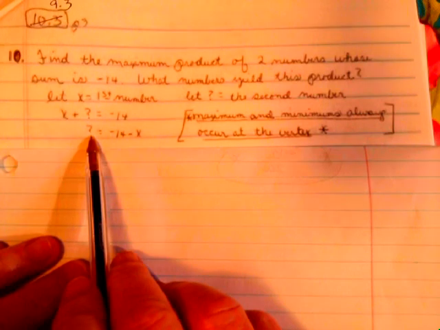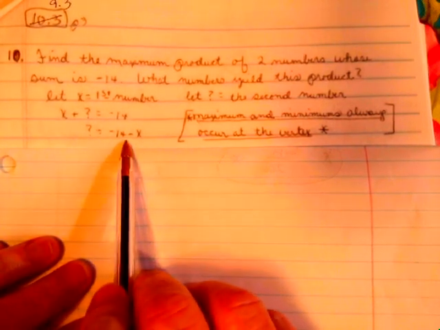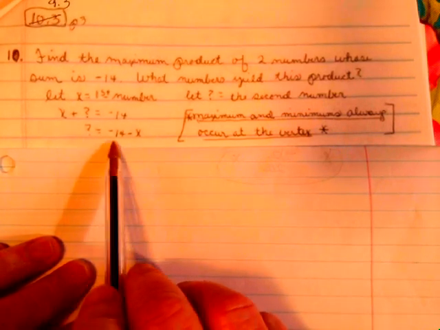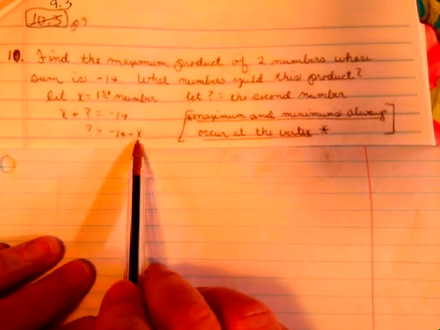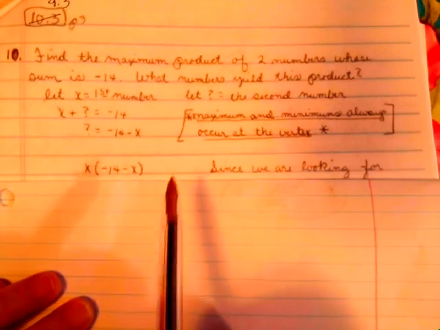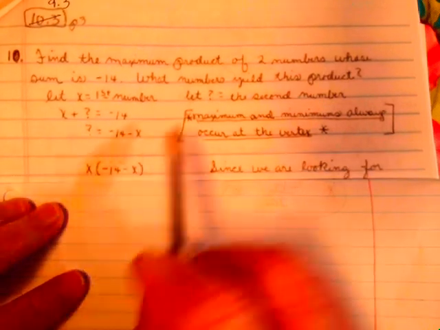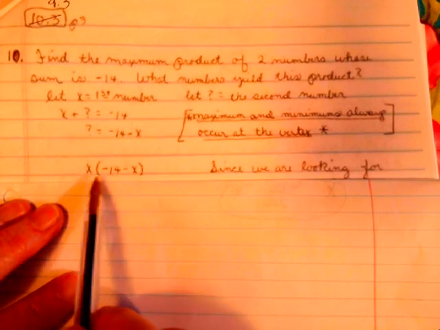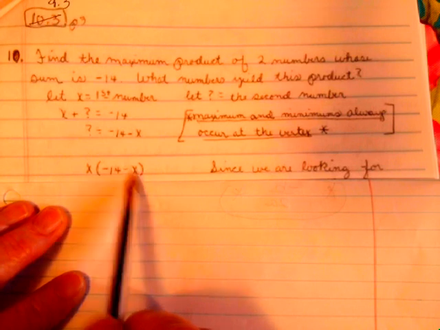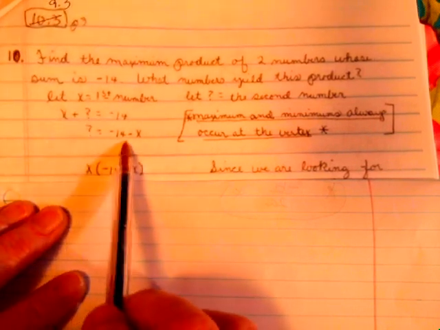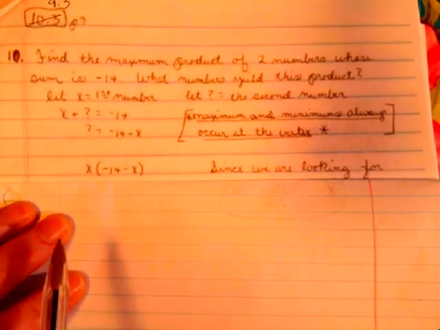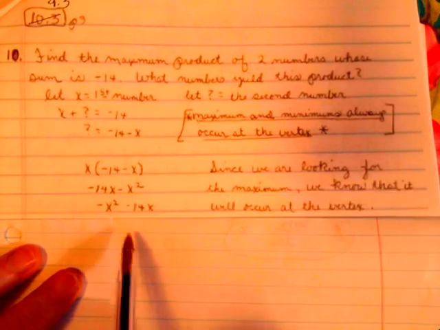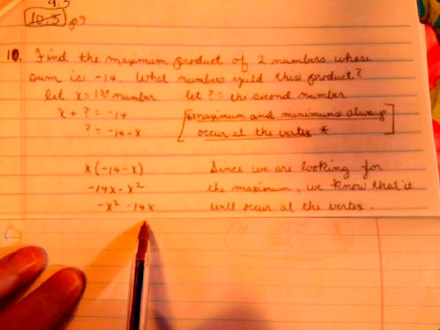When I solve for that question mark, so I have some way to represent it in terms of x, the question mark equals negative 14 minus x. Multiply, because they're saying maximum product: the number x times negative 14 minus x, first number times second number. That gives me negative 14x minus x squared, negative x squared minus 14x.